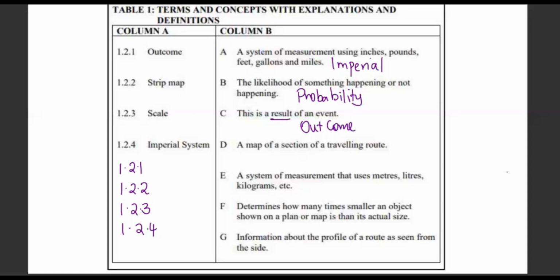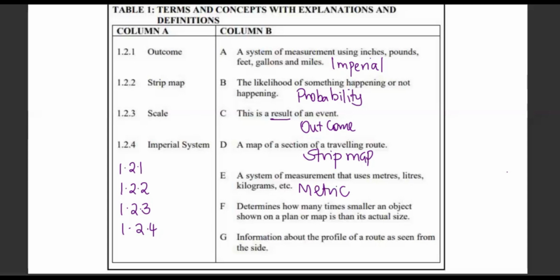Okay, a map of a section of a traveling route. This is a strip map. That's a map of a section. A strip map. Then the system of measurement that uses meters, liters. This is metric. The metric system of measurement.